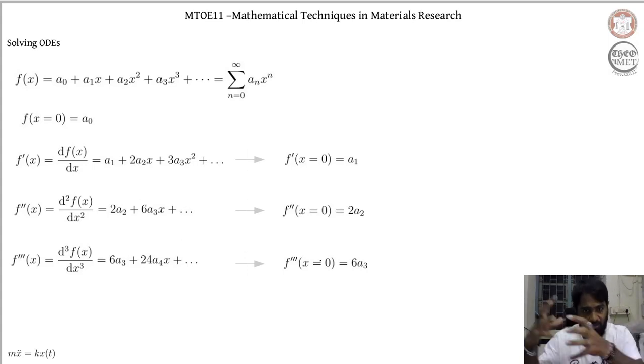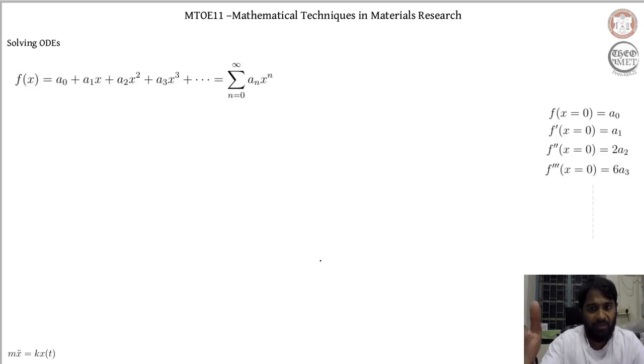Second derivative, substitute 0, another term pops up. Third derivative, substitute 0, another term pops up, and this I can continue, and I would end up having a known value for A0, A1, A2, A3. So I will end up having a value for all these unknown coefficients based on the derivatives of the function.